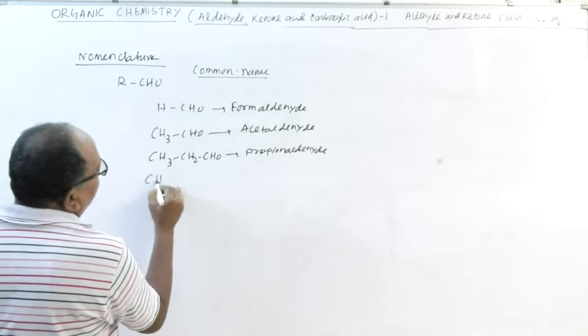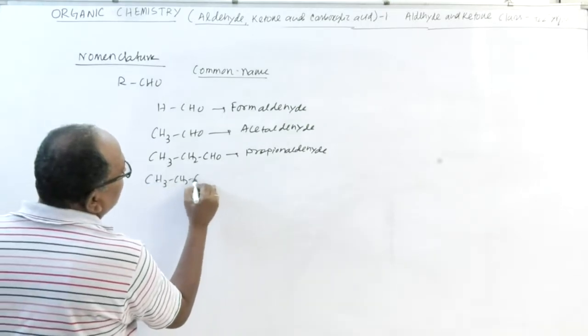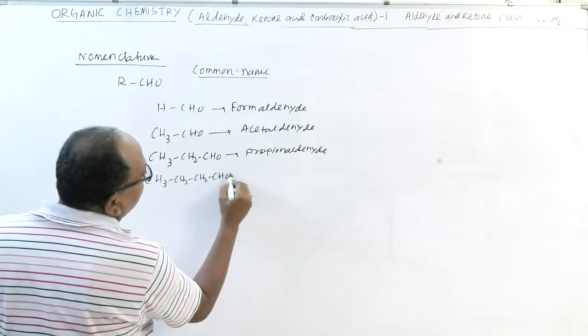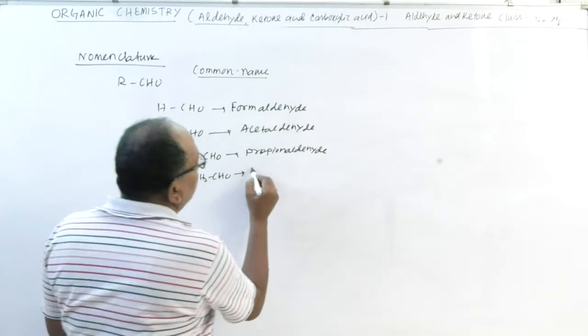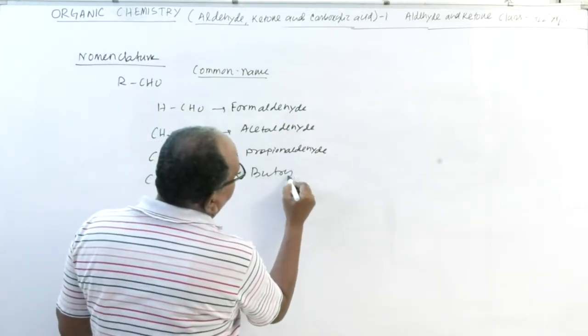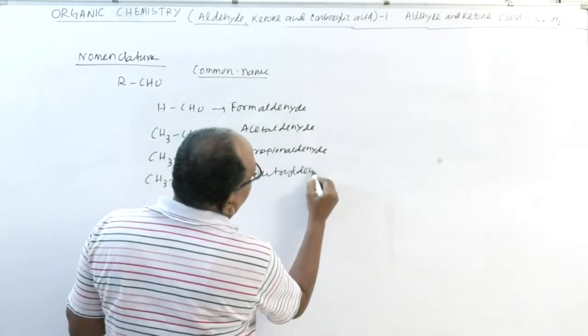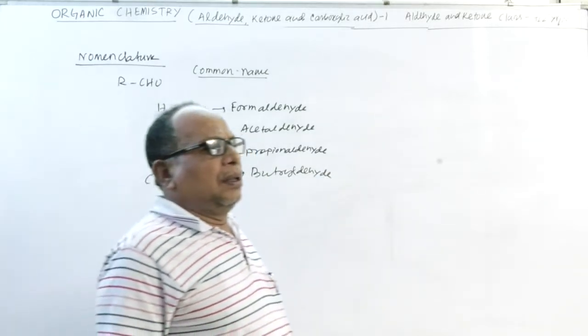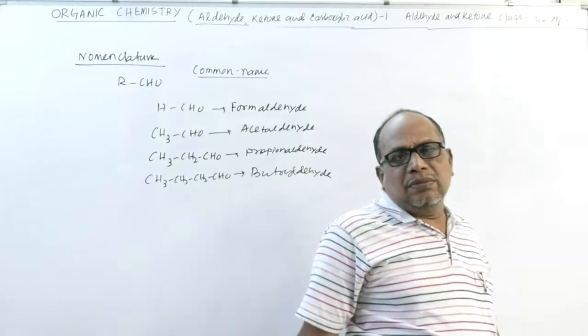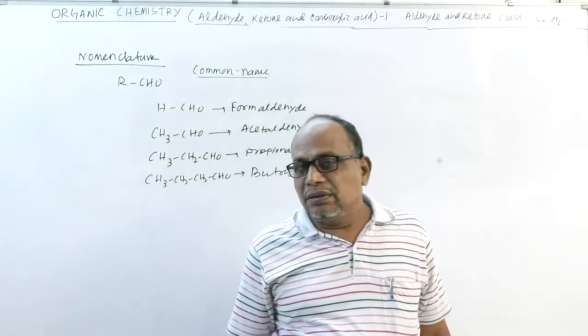And if you increase one more carbon atom, CH3CH2CH2CHO, this is called butyraldehyde. If it contains five carbon atoms, that's called valeraldehyde.